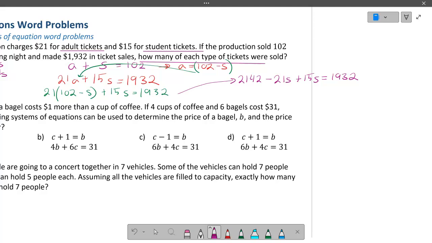All right, now what? Subtract. Do you have any like terms? Yeah. So what does that give me? Negative 6S. Okay. And then 1932 minus 2142.